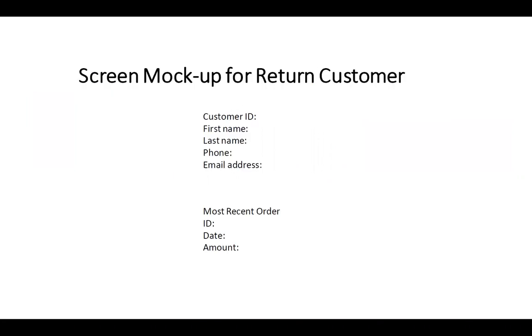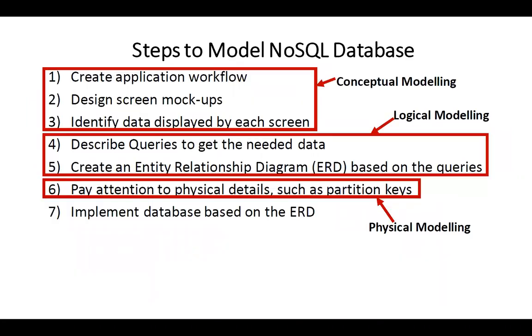So go back to our process. So we have the ERD here. Now we are ready to implement the design. Okay, we need to write some code to implement the database.